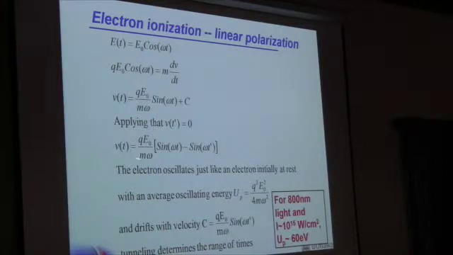And you find out the velocity of the electron as a function of time is equal to an oscillating term, the electron oscillating in the field, plus a term that depends on its time of ionization, its time of birth. That's t prime in here. This is the beginnings of the idea of a trajectory. An electron comes out, and you can follow what it did. It was born at time t prime, with all its characteristics given by classical physics.